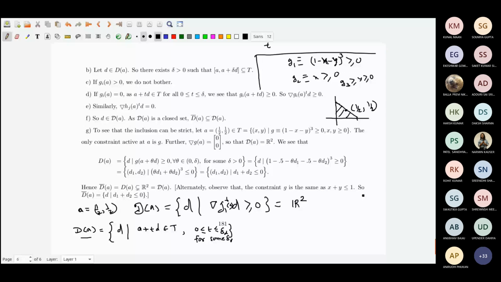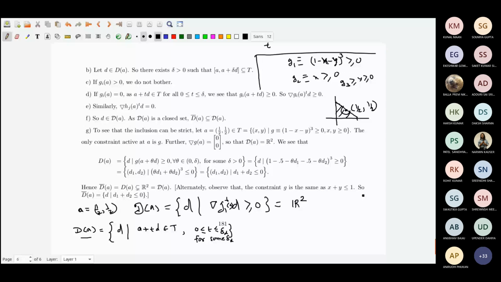But I understand what I mean by this. I am looking for the feasible directions available at half half. If you are looking at the picture, then you know what the feasible directions available at half half are. What does that mean? From here, what can I say about d1? d1 can be anything.